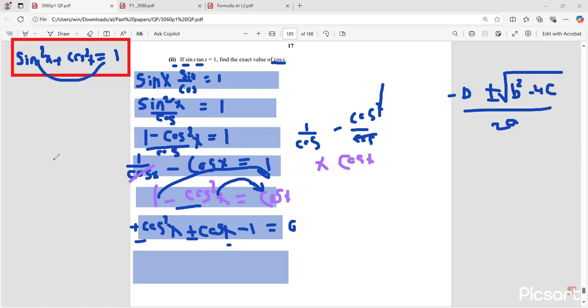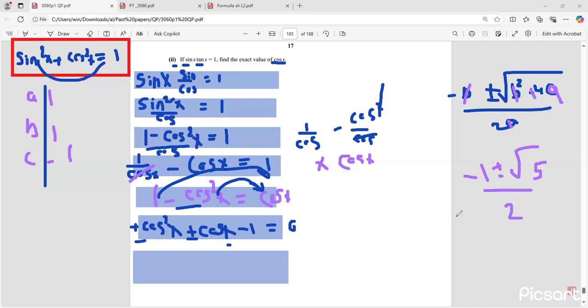So here I have a equal to 1, b equal to 1, c equal to negative 1. So it's easy, just 1, 1, and 4ac. Actually it will be positive 4 over 2. So it is minus 1 plus or minus the root of 1 plus 4, which actually equals root 5 over 2, and that is the final answer.